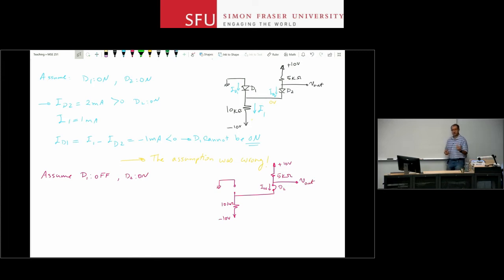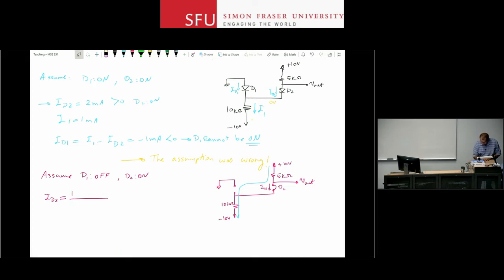So let's calculate ID2 again. It looks like it's not too much work. If you look at this circuit, you have a current going from this power supply to this power supply. There's just one path for that current, nothing else is in there. So you can assume that the 5K and 10K resistors are in series, and it's easy to find the current through that series resistor combination.